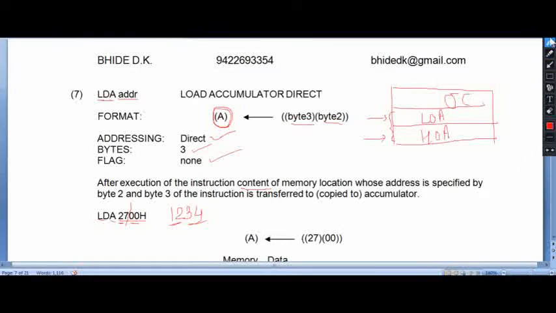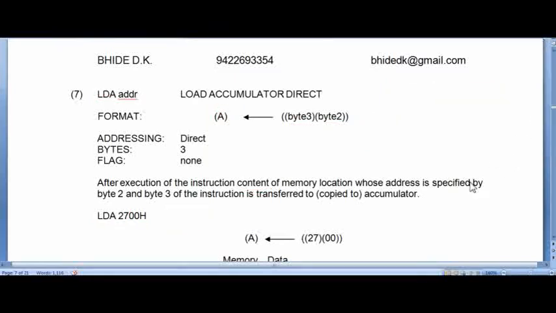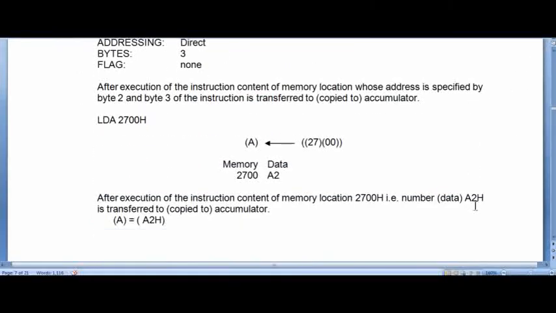Now let us move to a specific example, LDA 2700. LDA means load accumulator. What do you have to bring to the accumulator? You have to bring the number which is present in memory location 2700.